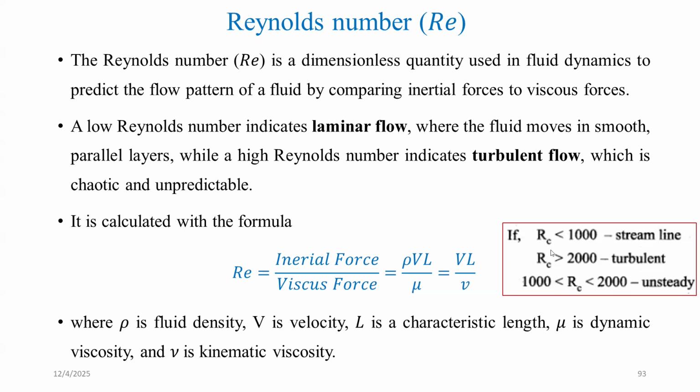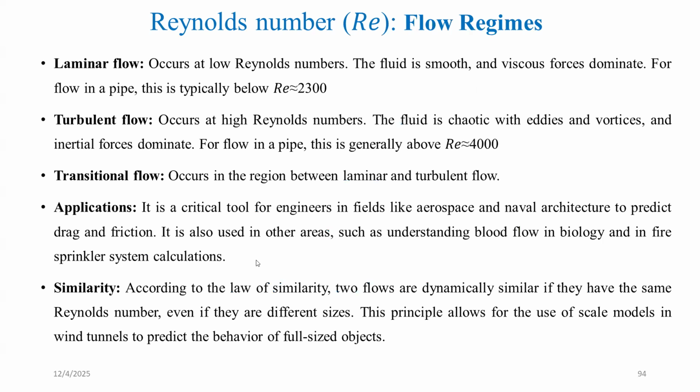If Reynolds number is less than 1000, we consider the flow streamline, or non-turbulent flow. But if the Reynolds number is greater than 2000, we consider it turbulent flow. In between 1000 and 2000, it is a kind of unsteady flow. That is just your revision about Reynolds number.